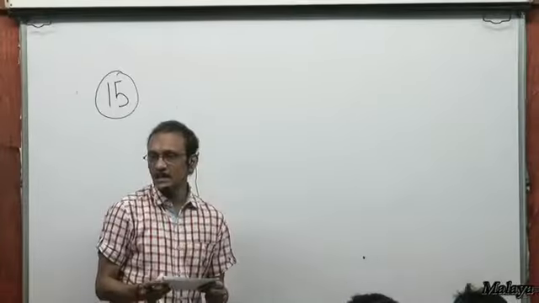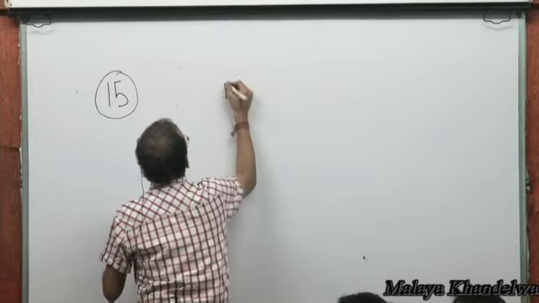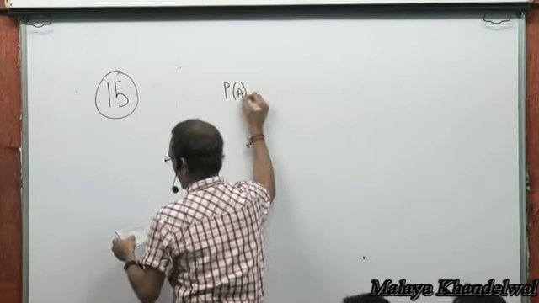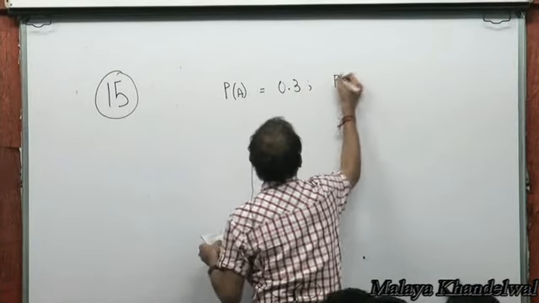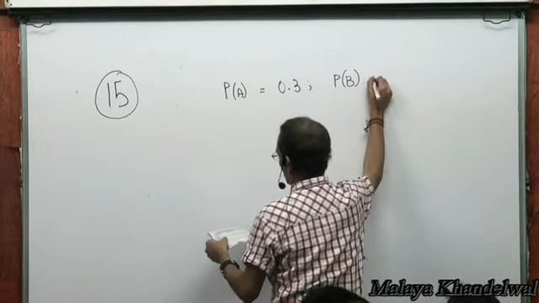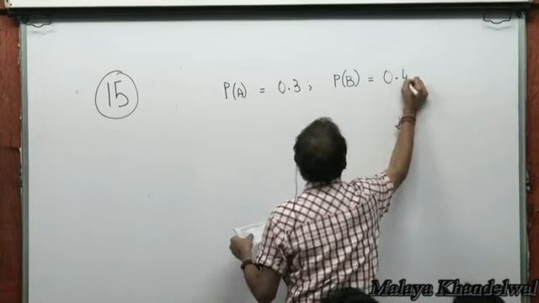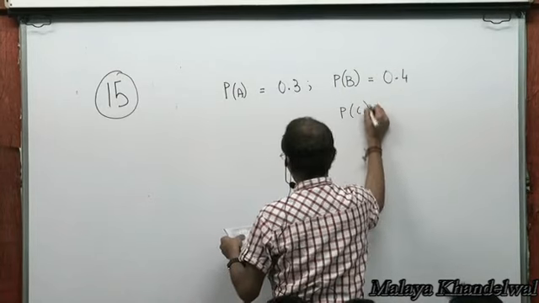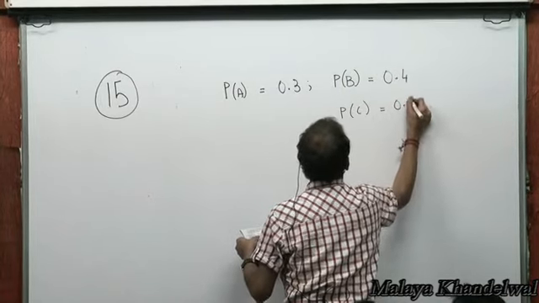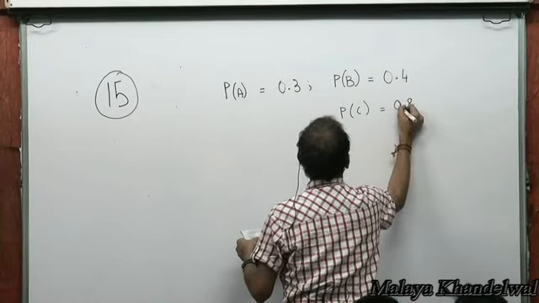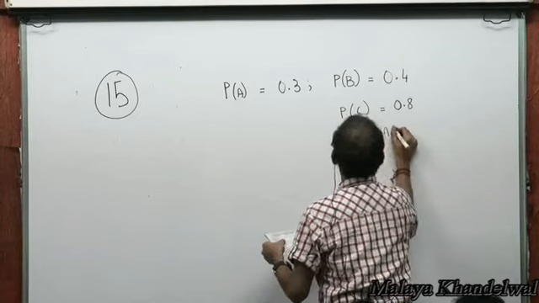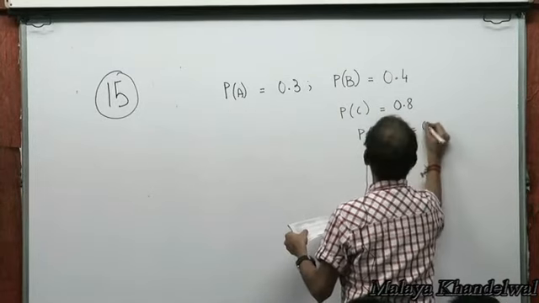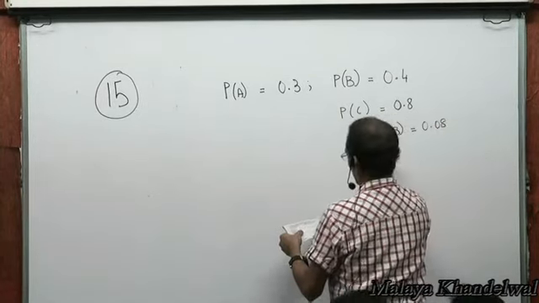A, B, C are events such that PA is 0.3, PB is 0.4, PC is 0.8. And probability of A intersection B is 0.08.